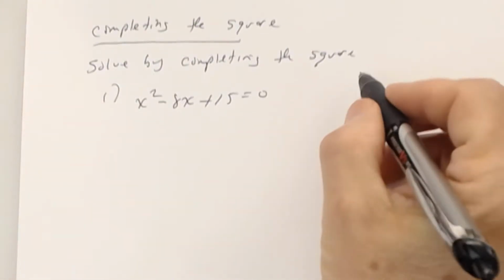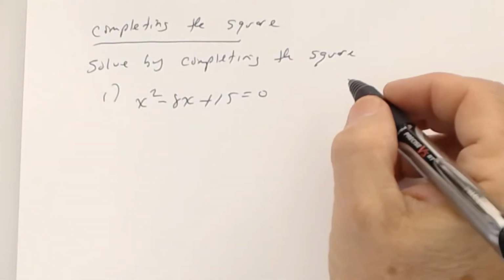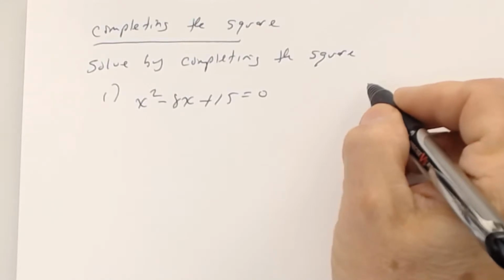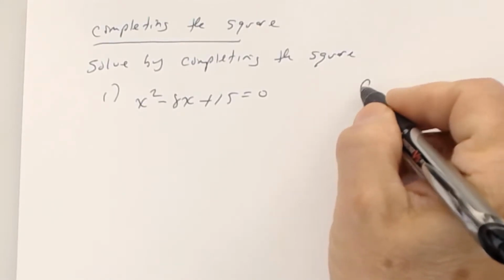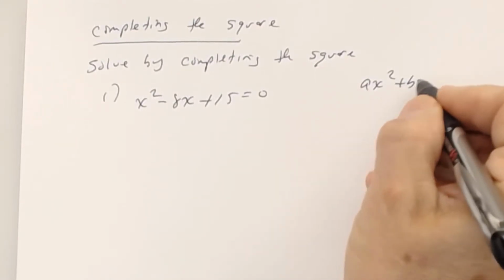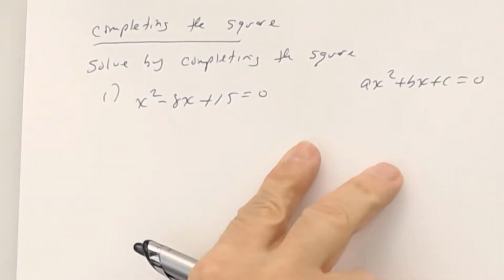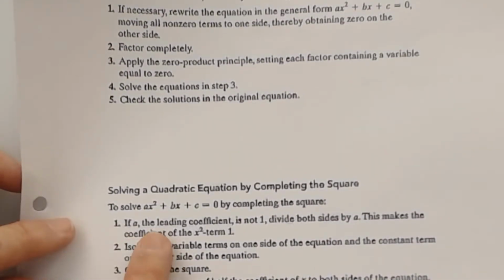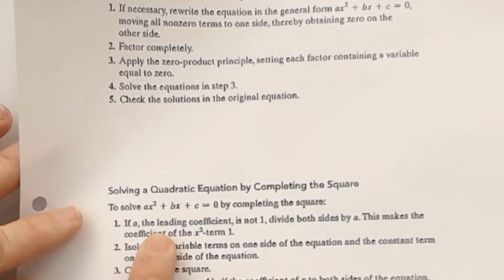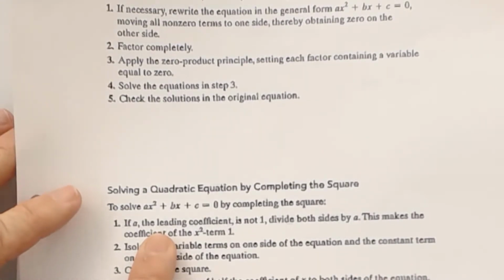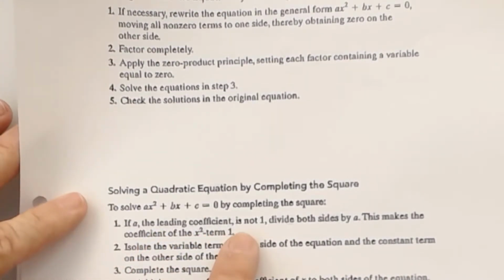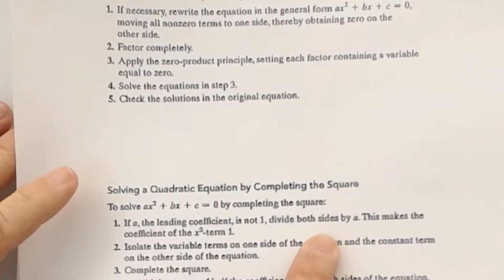Now remember, the standard form of a quadratic equation is ax squared plus bx plus c equals 0. So step 1 says, if a, the coefficient of x squared, also called the leading coefficient, is not 1, then you can divide both sides by a.